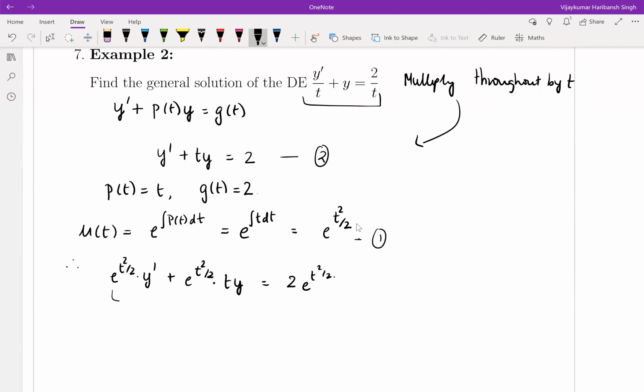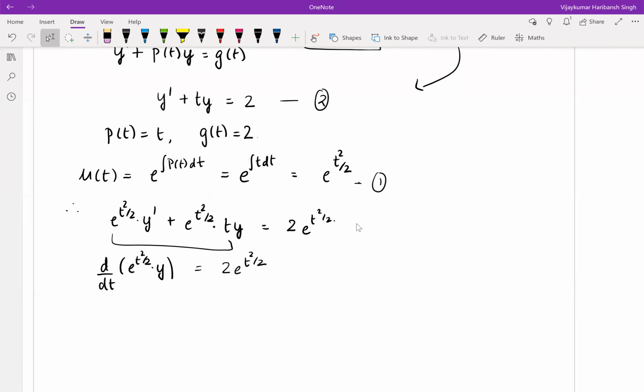Now, this can be written as d by dt of e to the power t square by 2 times y. If you apply the product rule, this is exactly what you get, right? That is not a coincidence. If you look at the derivation of mu of t, this is how it is created. So on the other side we get 2 e to the power t square by 2.